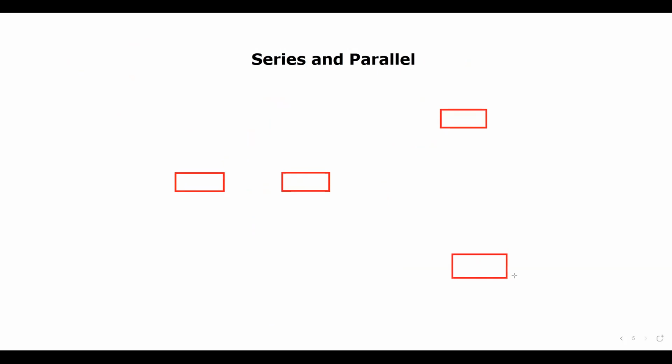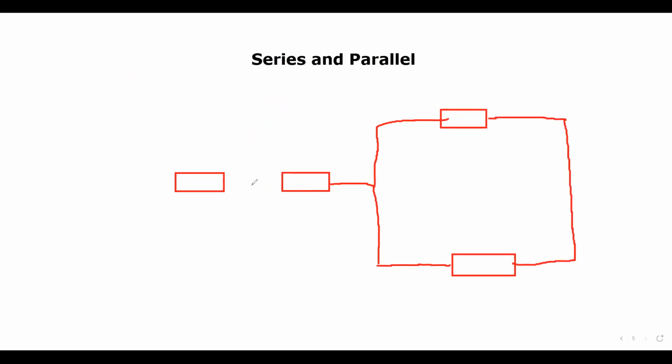If we have a combination of series and parallel, like a circuit which has some components in series and some in parallel, then in parallel, the current will divide. In series, the current will be the same.